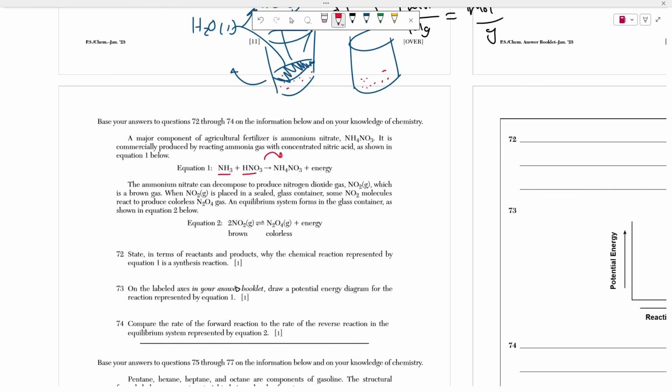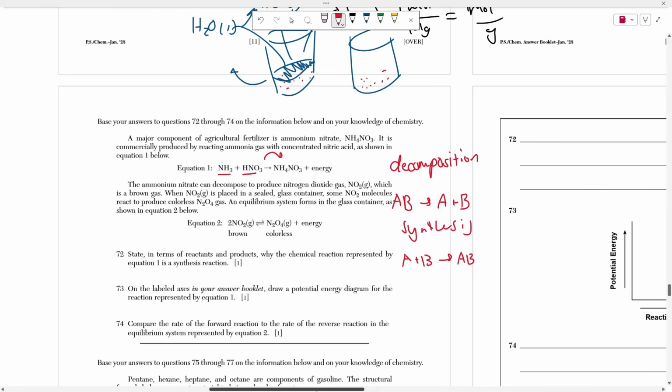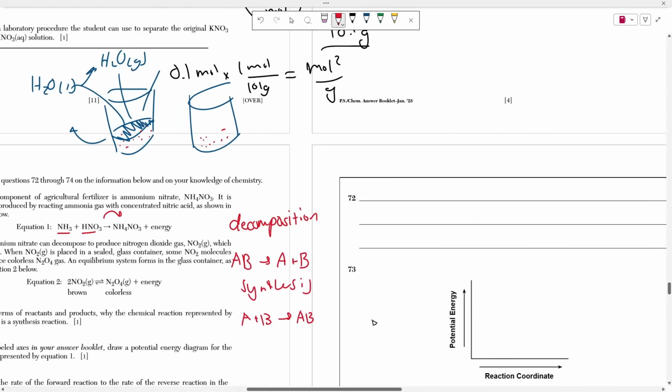All right, you have synthesis reactions and you have decomposition reactions. So to decompose is to break something apart. So a decomposition reaction would look like AB turning into A plus B. So we split this into two products. A synthesis reaction is A plus B turning into one molecule of AB. So you can say here that a reason why this is a synthesis reaction is just that, right?